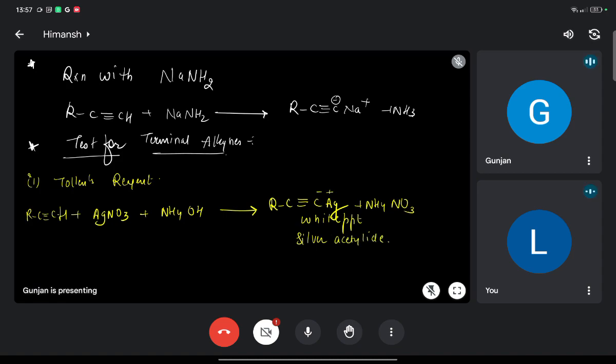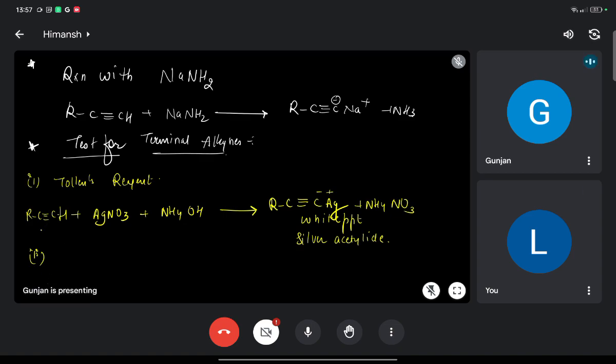So we can clearly identify that with Tollens reagent it gives a white precipitate, which means it is giving the test of Tollens reagent. Getting it? Means if we get a white precipitate, it's an alkyne, ma'am.